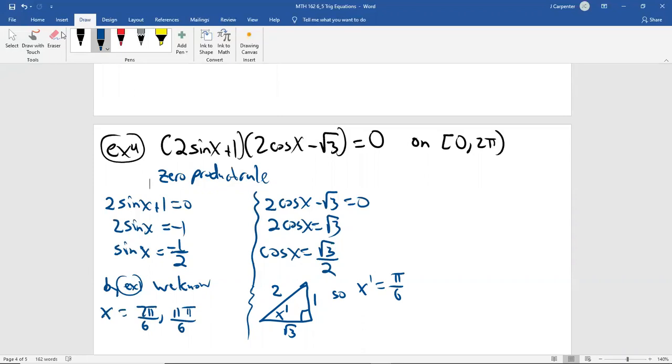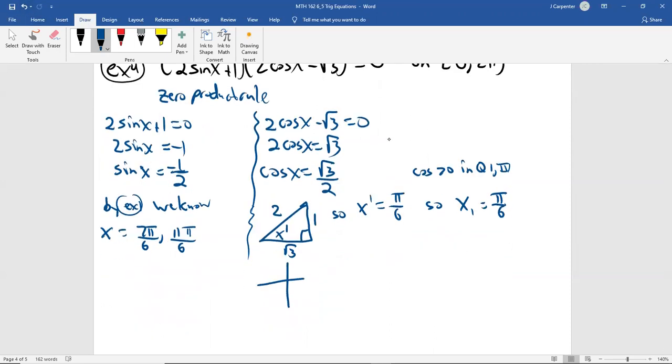Now cosine, this is positive. Cosine is positive in quadrants 1 and 4 based on a smart trig class. A, all for quadrant 1, C in quadrant 4 for cosine. So cosine is positive in quadrant 1 and 4. So that means our first solution over here, it's technically the third solution, but I'm just going to write a little 1 here, is pi over 6. And then the second solution we've got to put in quadrant 4.